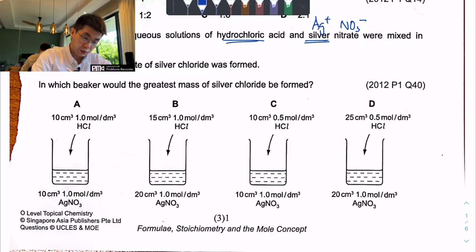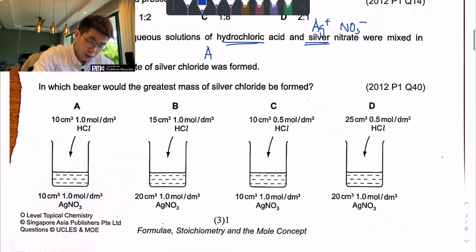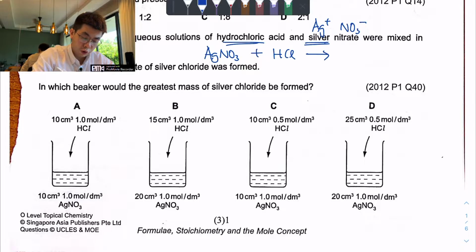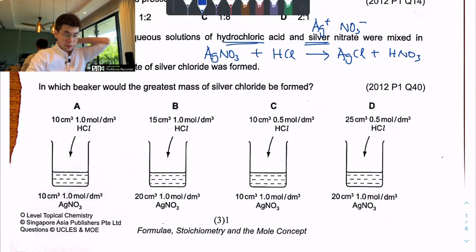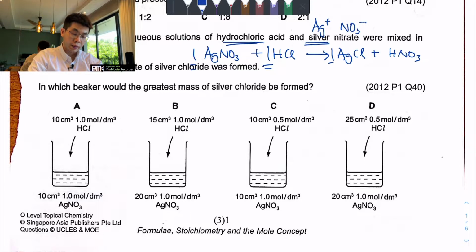So over here we have AgNO3 reacting with HCl to form AgCl, and then I guess there's an exchange, so it's HNO3. So what we can see is that actually it's 1:1. So the ratio needs to be 1:1 to form 1 AgCl.